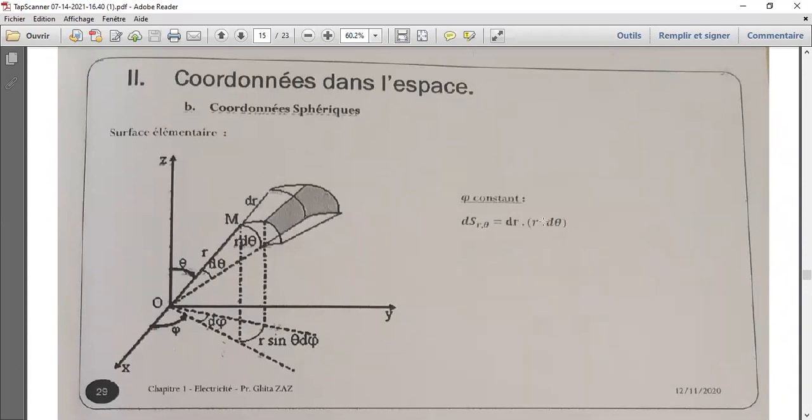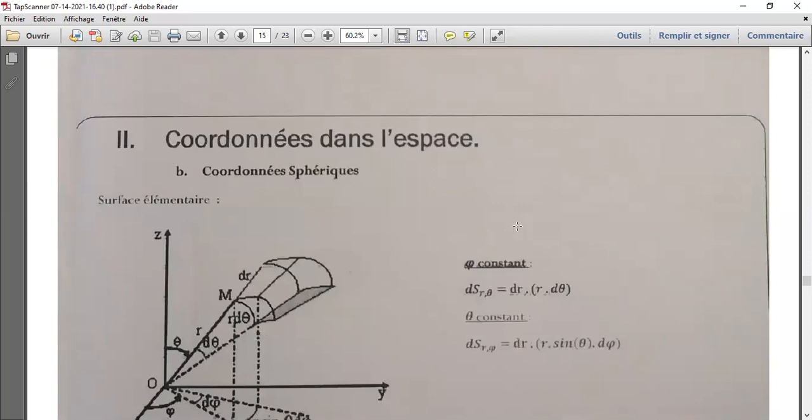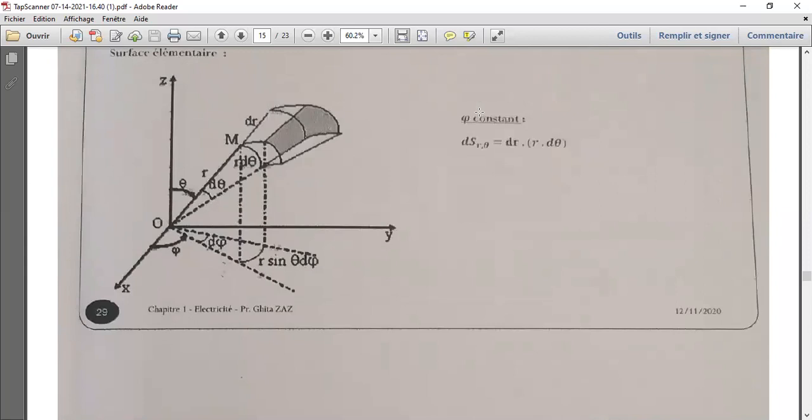So you see that you have r dr, and when you start integrating, you have the integral of r dr times the integral of d theta, if they ask you to find the surface area of something where phi is constant.